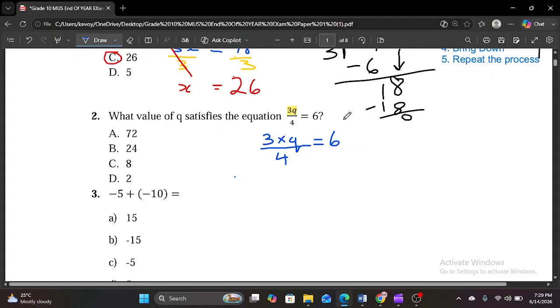But if not, you can just transpose to make q the subject of the formula.